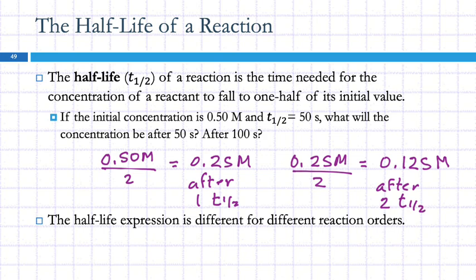It doesn't work to say, well, the first half reacted in 50 seconds and the second half reacts in another 50 seconds. It's not linear like that. The half-life expression is going to depend on the order of the reaction. When we're talking about radioactivity, everything is first order, and so that's what people are more familiar with. We're going to look at zero order and second order as well.